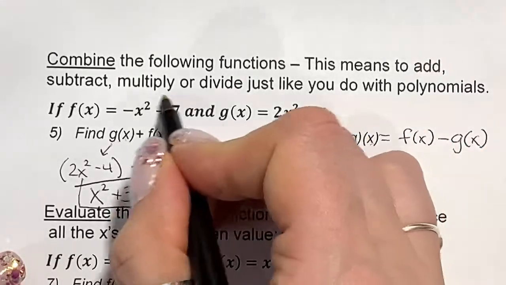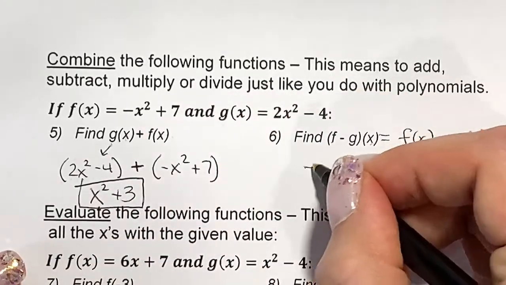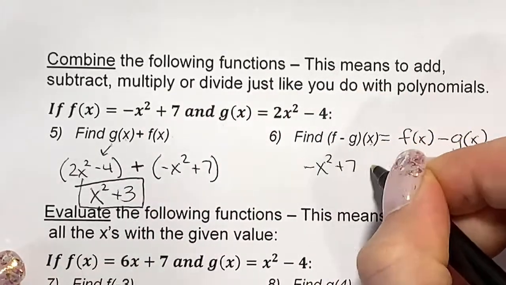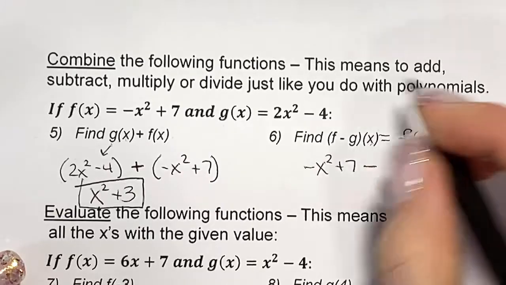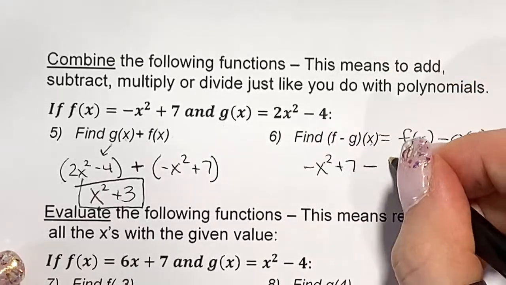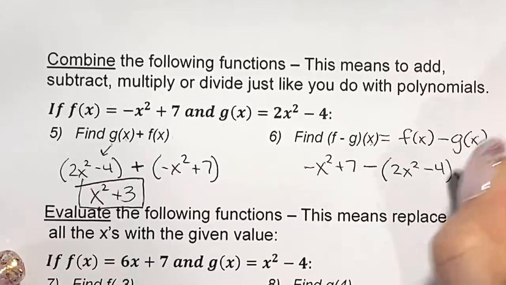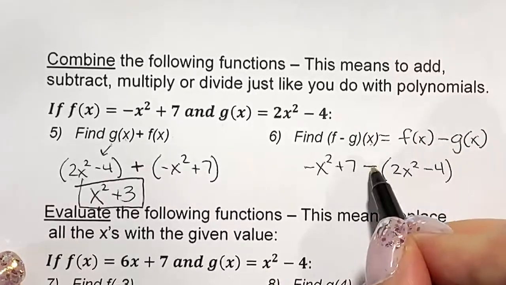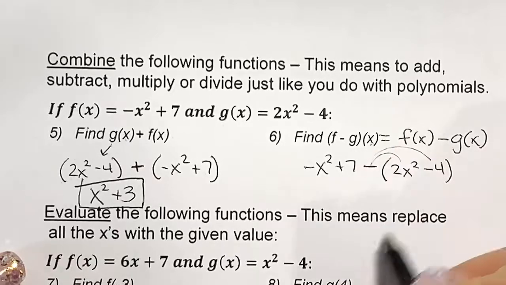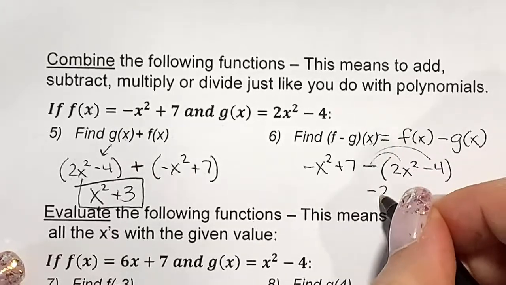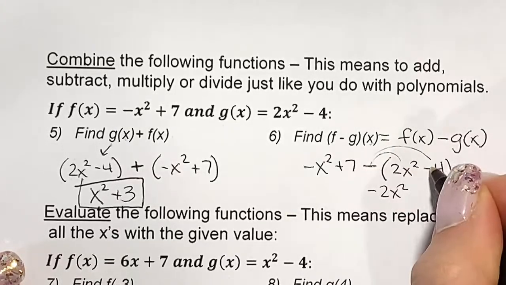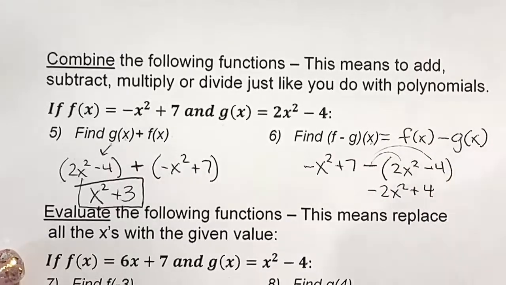So I take my f function, the negative x squared plus 7, and then we're subtracting the g function, 2x squared minus 4. Since we are subtracting this whole thing, I'm going to put it in parentheses, because whenever we're subtracting a whole group, we need to remember to distribute that negative through. So I have negative 2x squared, and then subtract a negative turns to a plus 4.